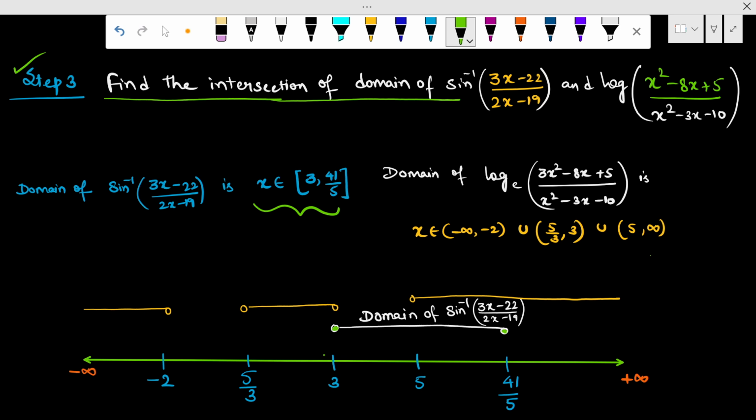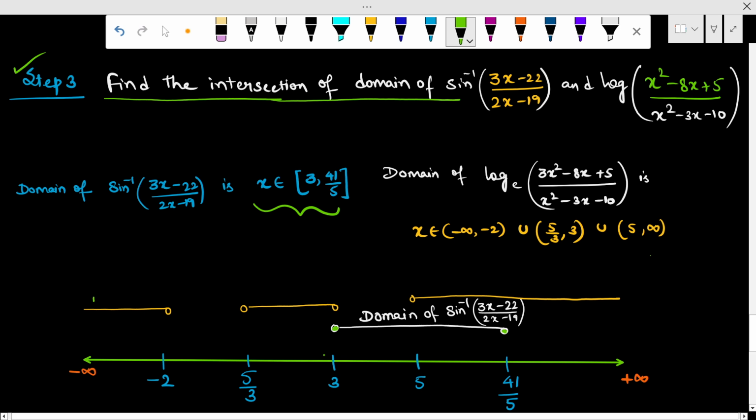And this is the domain of the log function, right? Log of (3x square minus 8x plus 5) by (x square minus 3x minus 10).